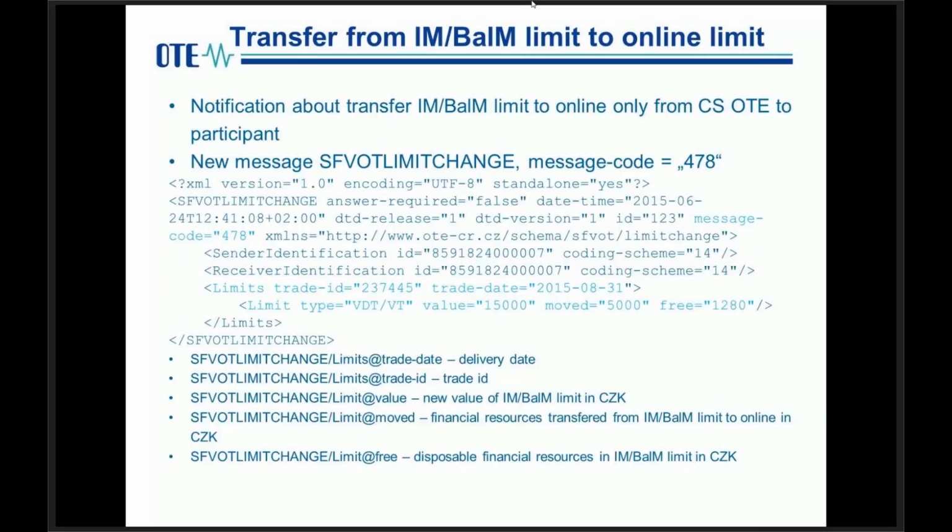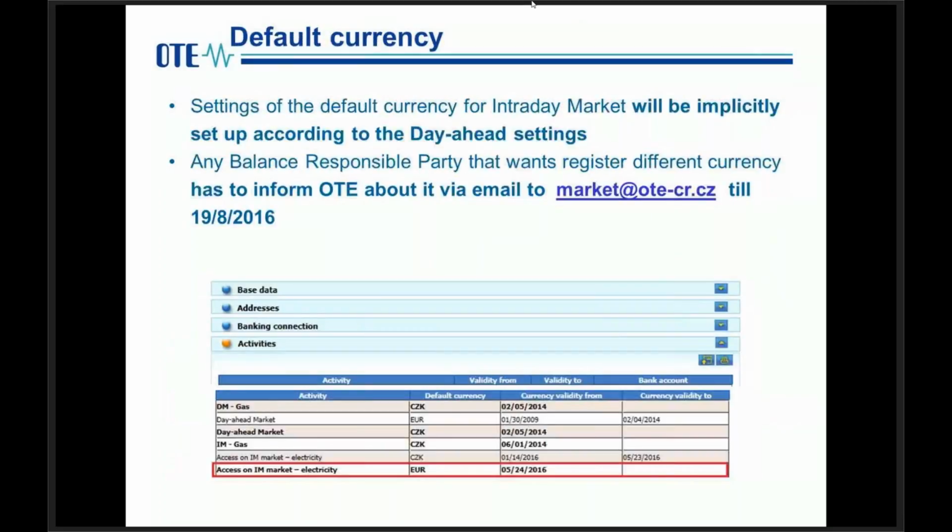So the new structure of the SWOT limit change is intended for this. The market participant can be informed about this even in the form of a conventional email message, if this is also activated in the settings.